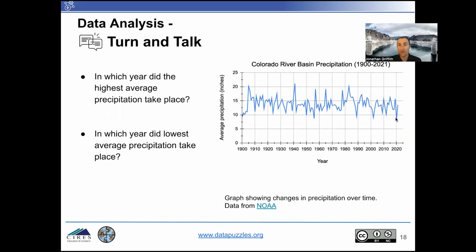You can see the low is in 2020 here, the high back around 1940. So we might see a slight decline in precipitation over time, but fairly consistent throughout, although we see many more really dry, low precipitation times since the year 2000. So something to key in on there.